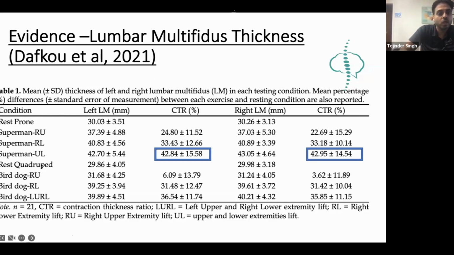Then they did Supermans with the right upper extremity, and then Supermans with the right lower extremity. Then they did rest at quadruped, where the patient is in quadruped position and kicking on transverse abdominis, and then they did bird dog, where they did the right arm.